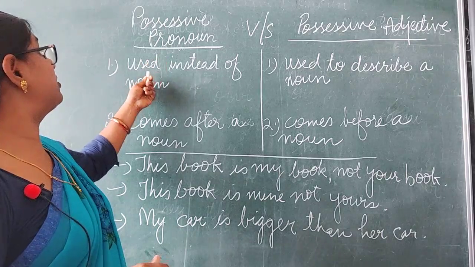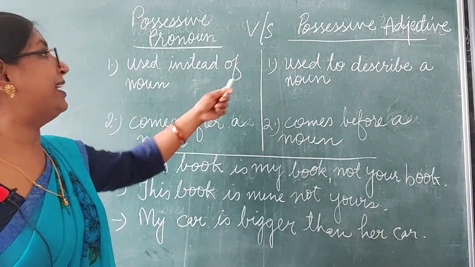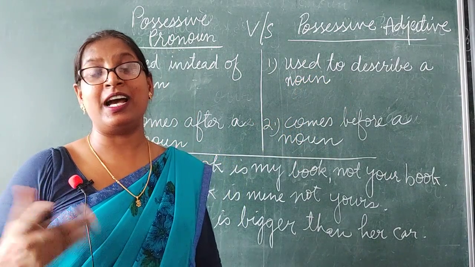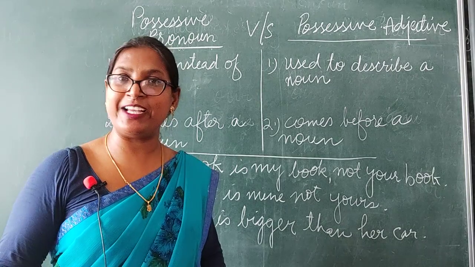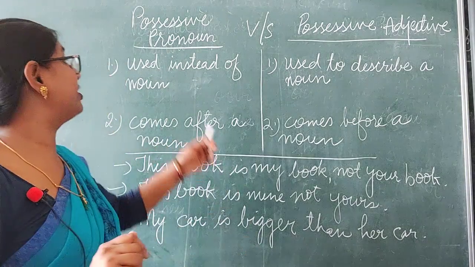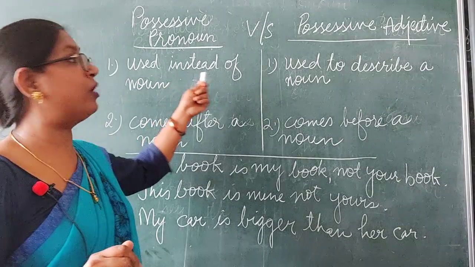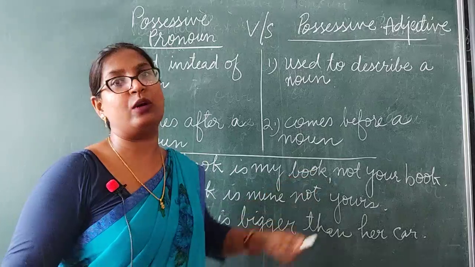So a possessive pronoun is used instead of a noun. But a possessive adjective is used to describe a noun. As you know, an adjective is the word which describes a noun, which modifies the noun. So this is the difference. Possessive pronoun is used instead of a noun, possessive adjective is used to describe a noun.